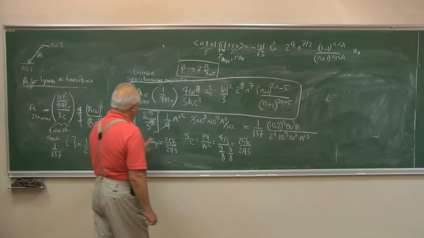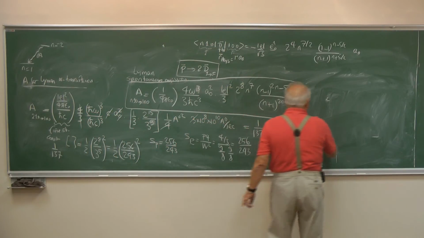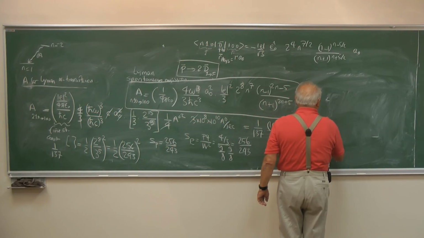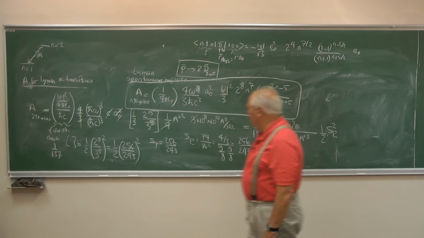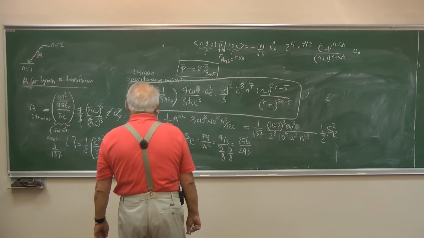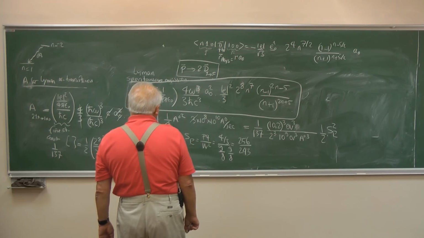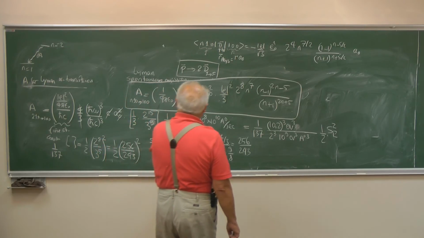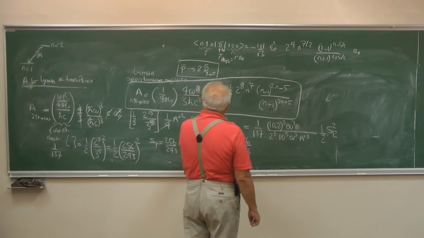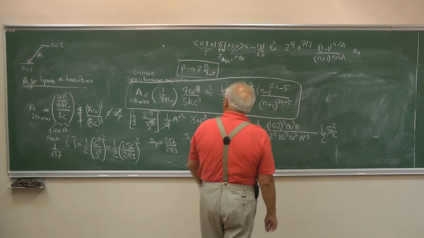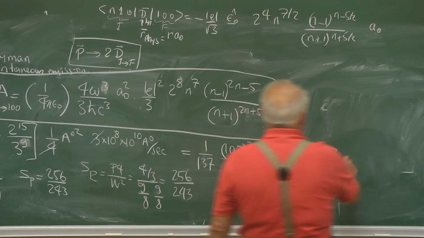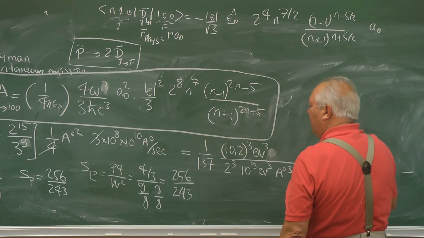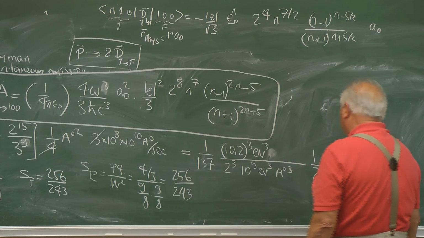Then I have 1 over 2 times Pythagorean semitone square. Then I have 10 to the 8, 10 to the 18, not 28.